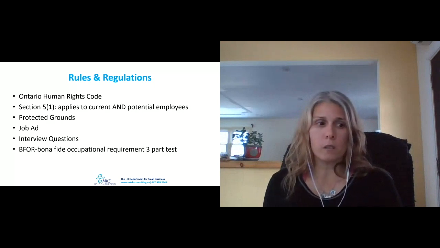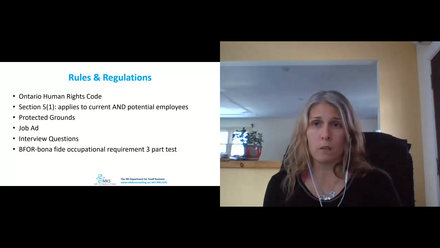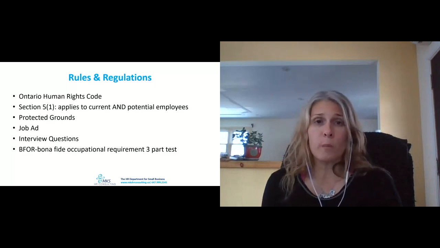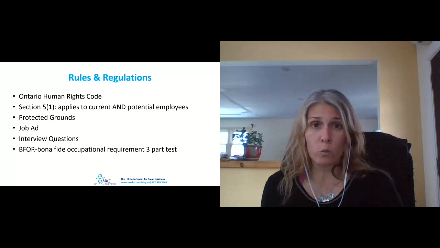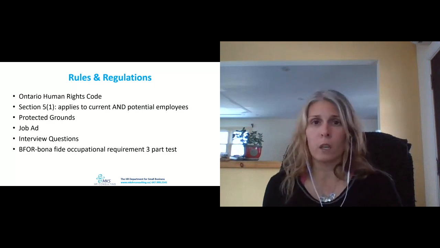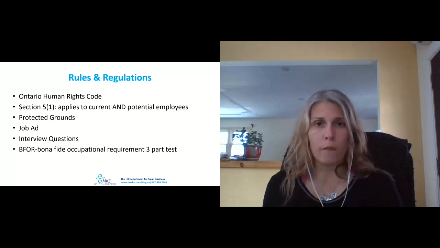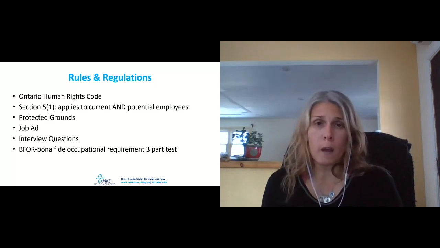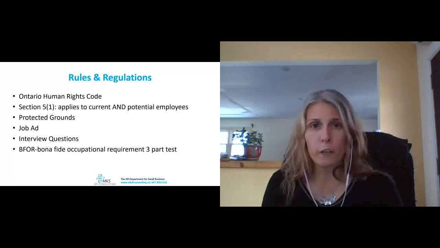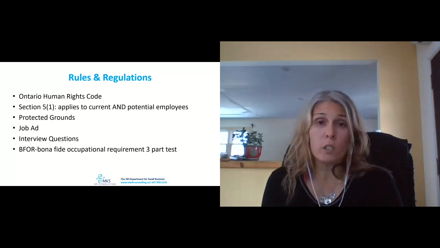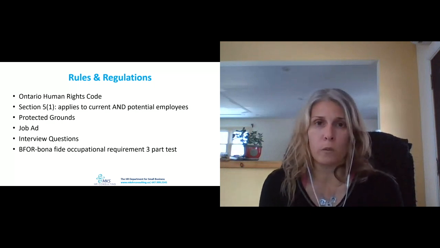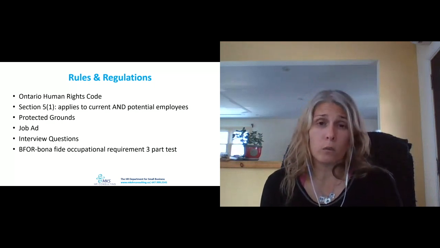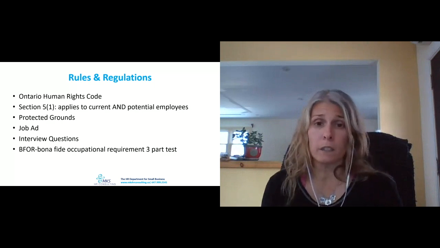And those are instances where you can ask things or have things in the job ad, such as you need to be able to lift up to 50 pounds regularly through your 8-hour or 12-hour shift, as an example. And that's because in order to do that particular manufacturing job or construction job, you need to be able to actually lift 50 pounds. So those are instances where you can, like I said, legally discriminate.